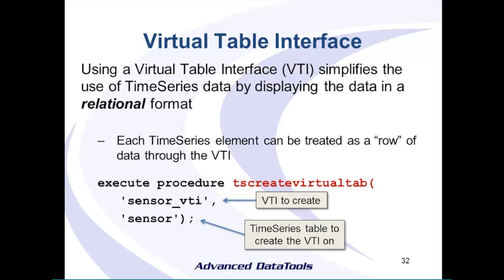To create a virtual table, you use another function, tsCreateVirtualTab, and you specify just 2 values: the name of the virtual table interface you want to create and the time series table to create that VTI on. So here I'm creating a virtual table called sensor VTI against the sensor table, which has my time series information in.